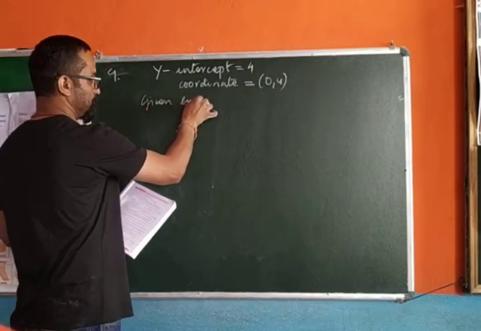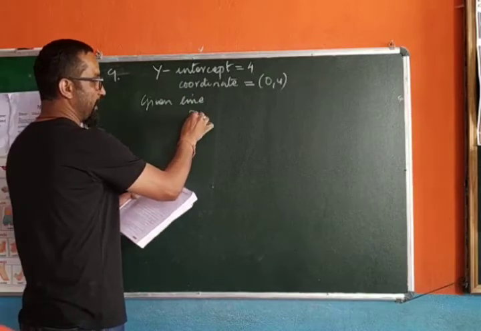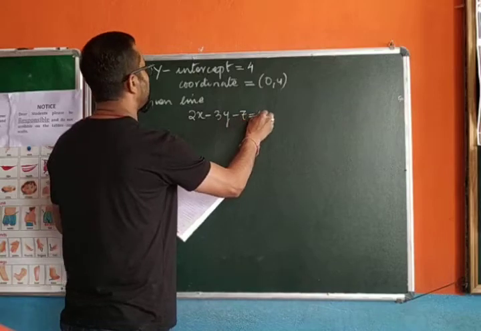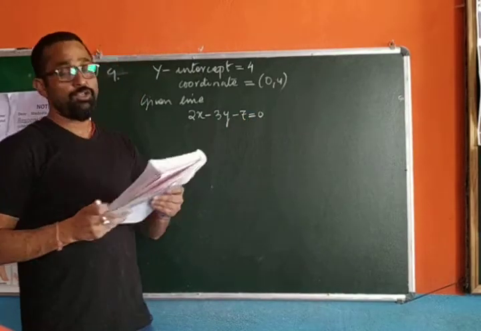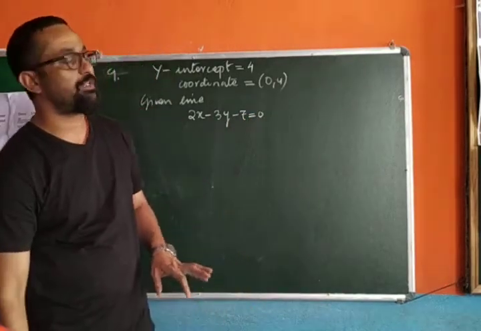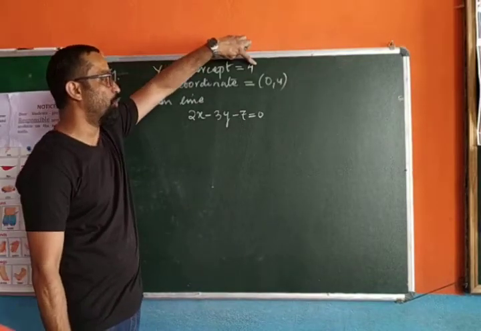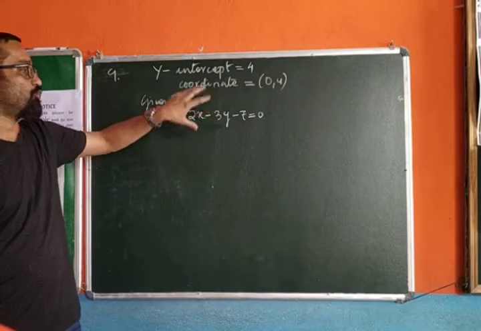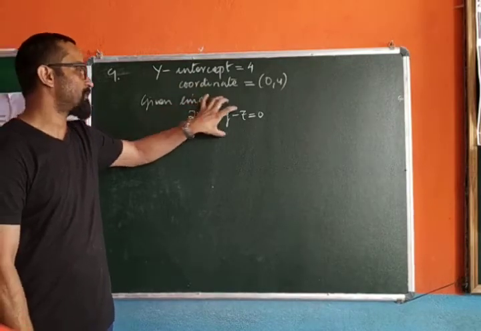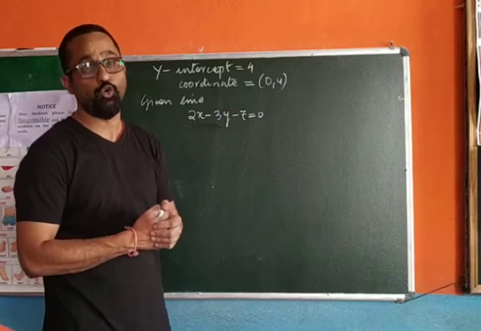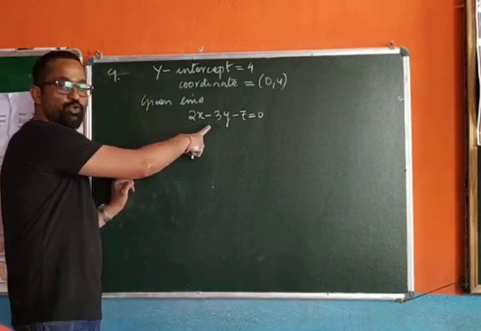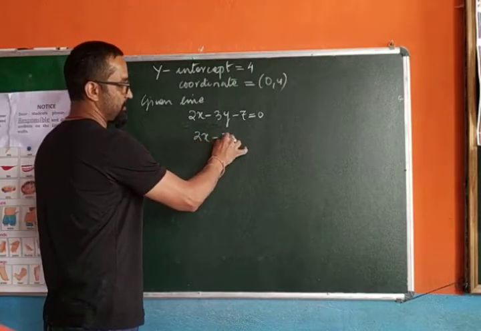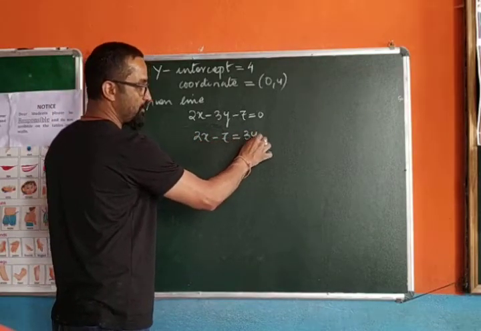The given line is 2x minus 3y minus 7 equal to 0. So you need to calculate the equation of the line which has y-intercept 4 and is parallel to the line here. So why is this line given? This line is given to calculate the slope. You can do it directly. 2x minus 7 is equal to 3y.